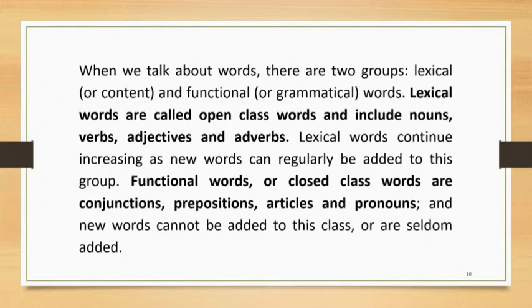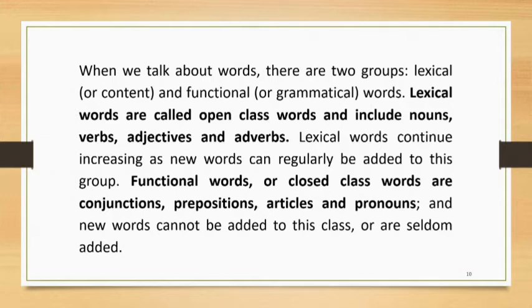When we talk about words, there are two groups. Lexical words are also called content words, and functional or say grammatical words. So lexical words are called content words, and functional words are called grammatical words. Lexical words are called open class words and include nouns, verbs, adjectives, and adverbs. Just try to understand.